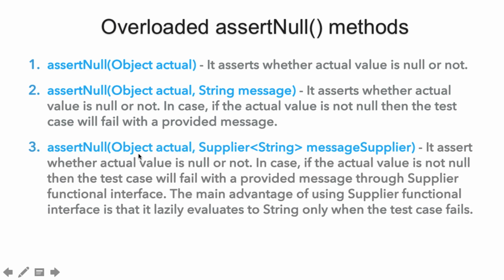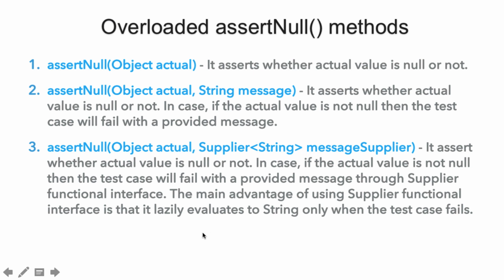The third method takes in an actual object, and along with it takes in a Supplier functional interface. This functional interface will supply a message when the test case fails. So here, if the actual value is not null, then the test case will fail with the message provided through the Supplier interface.